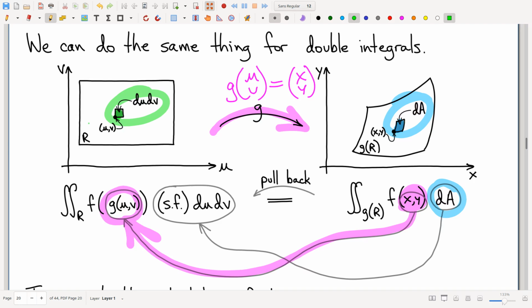What this g function does, and details to come in a few minutes, is that this little piece of area, when it goes through the g function, is going to get stretched out by some factor. And so this blue area is going to be a yet to be determined stretching factor times du dv.